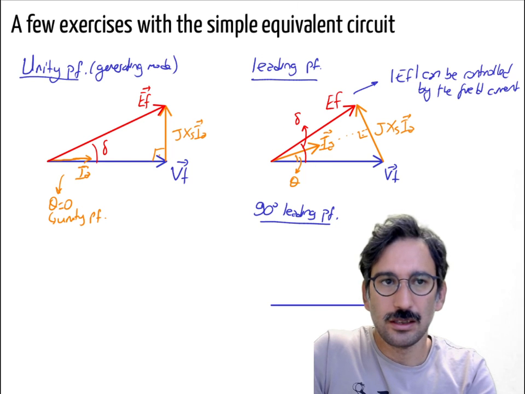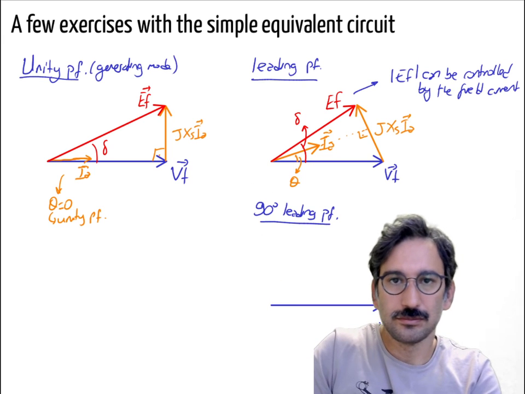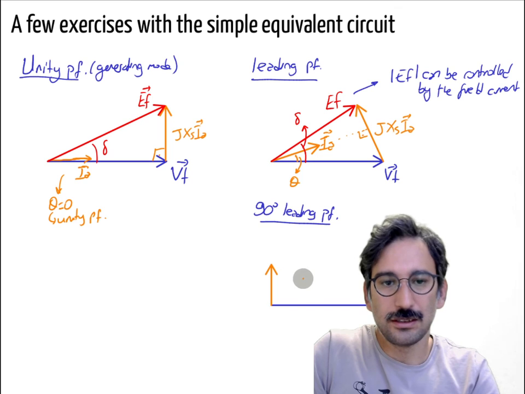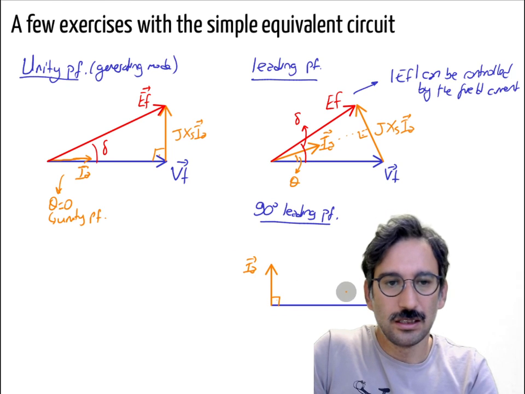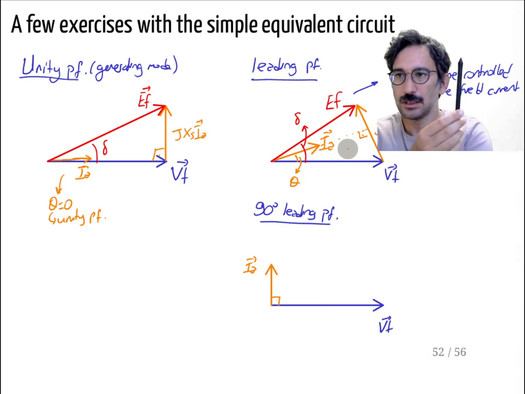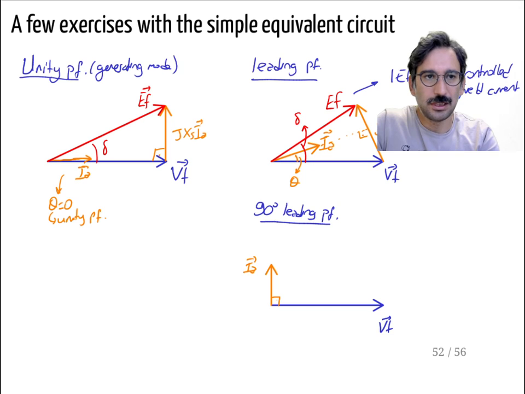Then my current is 90 degrees, so this is IA, 90 degrees leading. If you have that IA, and if you rotate 90 degrees, you have something like that.